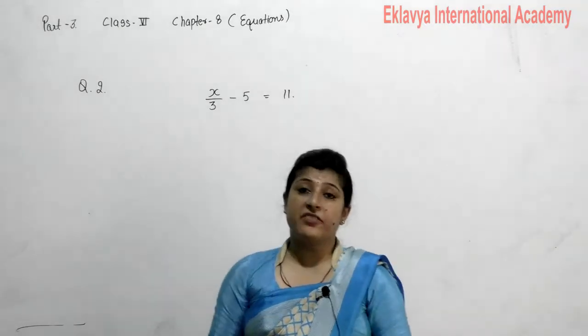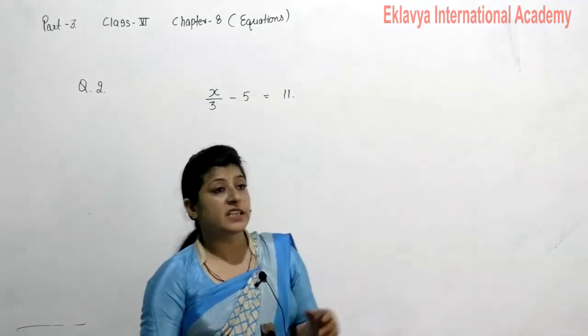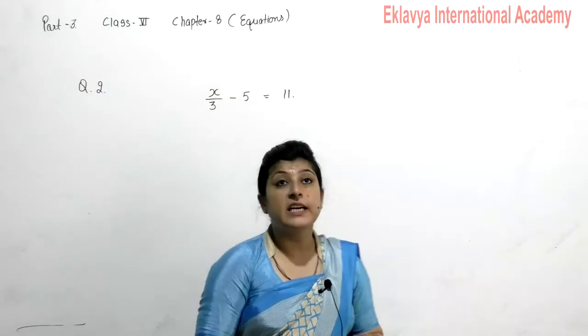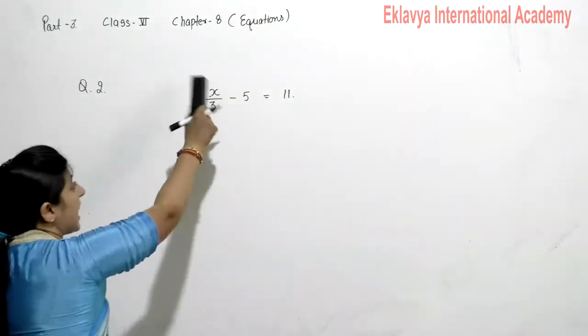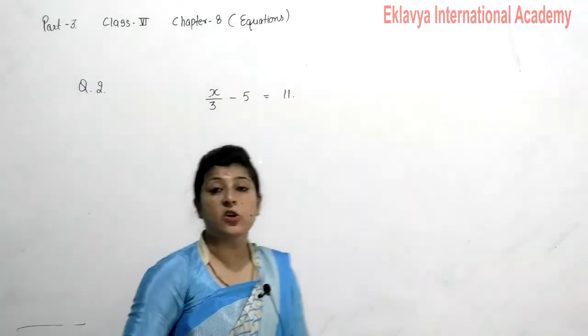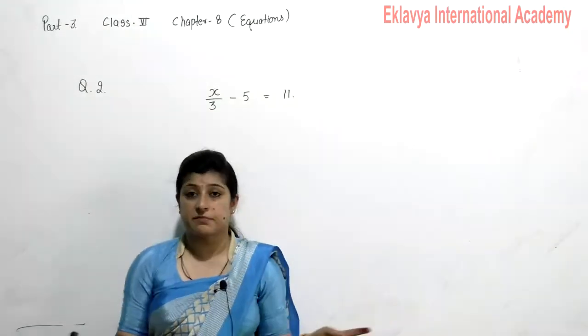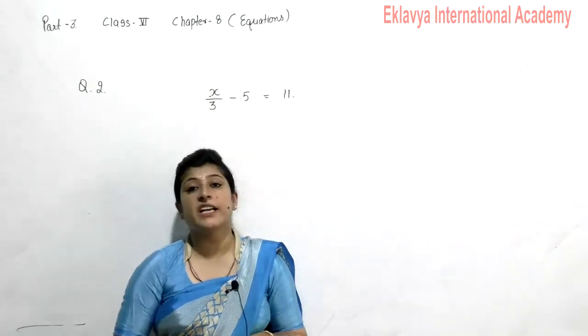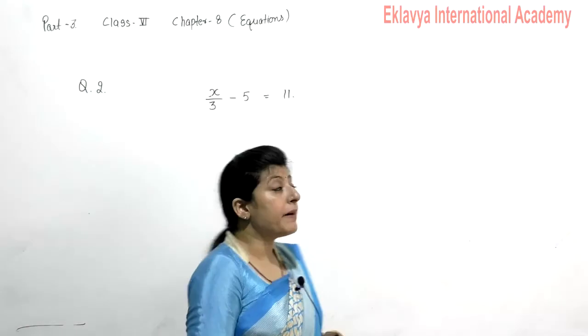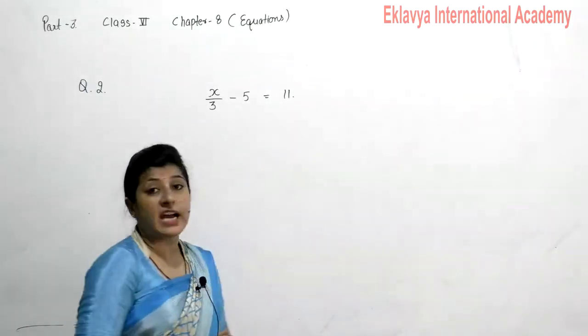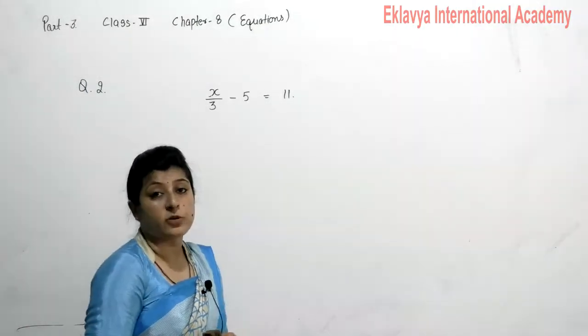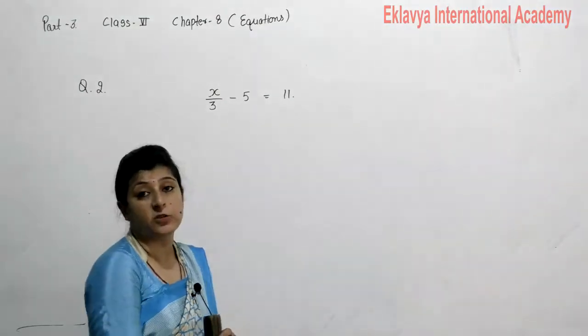How do we identify whether we will do this in 1 step or 2 steps? See, if x is alone, then there is no need to take the next step. We can directly find the value of x. But if with x we have some constant value also, it means we have to solve this thing also.